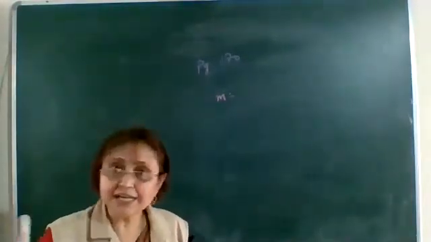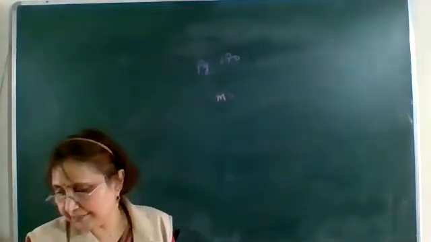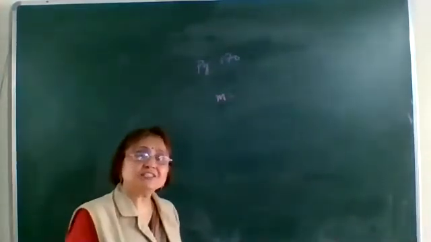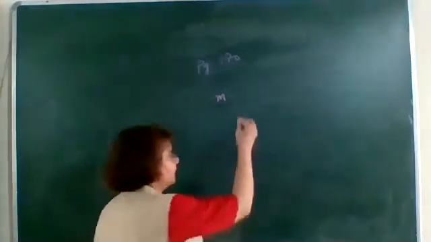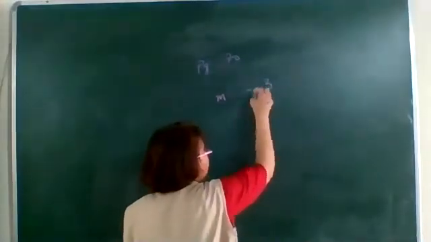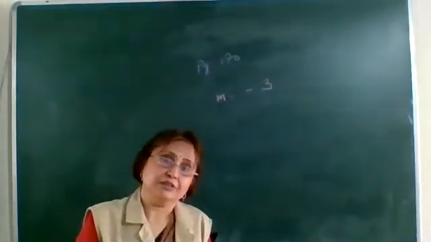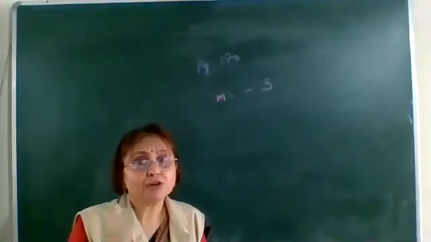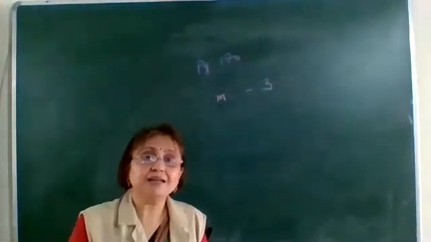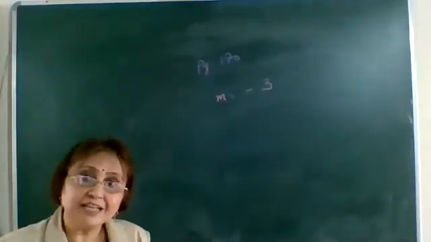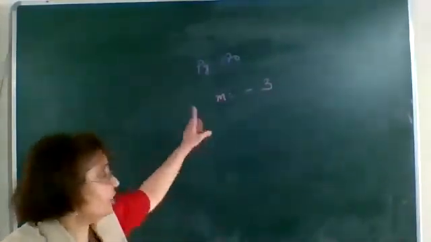And it is clearly given in the question that the image is magnified and enlarged, and this magnification is 3 times that of the object. So magnification you will take to be -3. Why -3? Because it is a real and inverted image. It's clearly given that the real image is formed. So the magnification is -3.